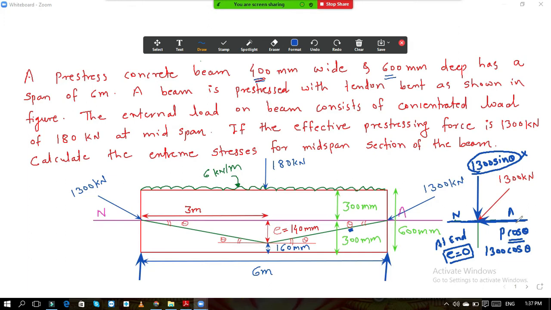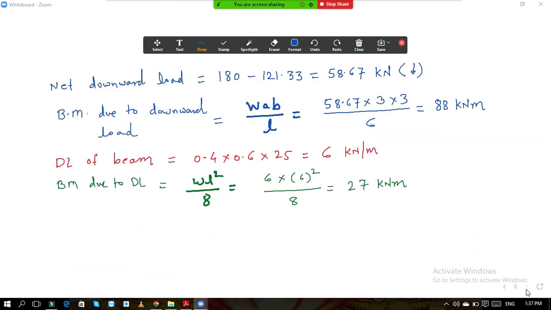If this horizontal component were above or below the neutral axis, then you should consider the additional moment P into e while calculating the moment. So here we need to calculate the total bending moment now.